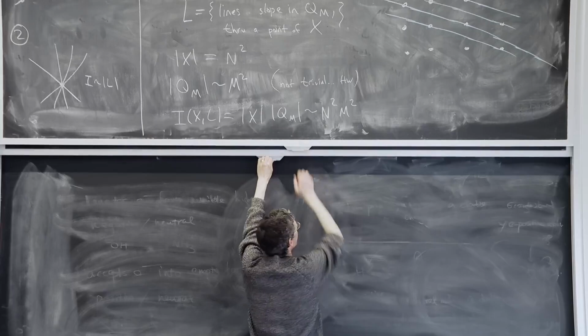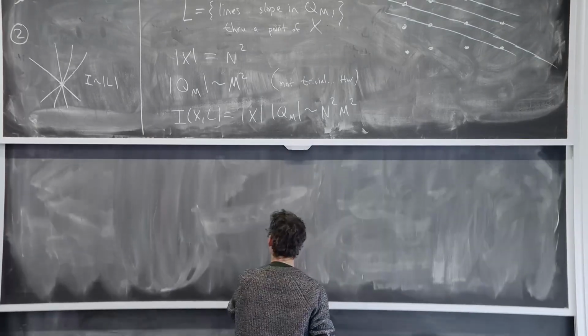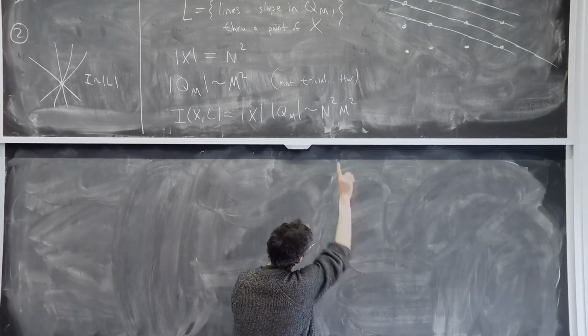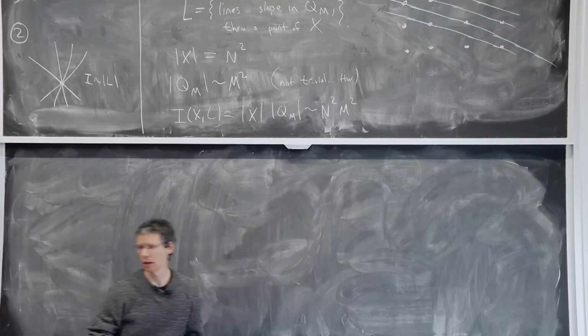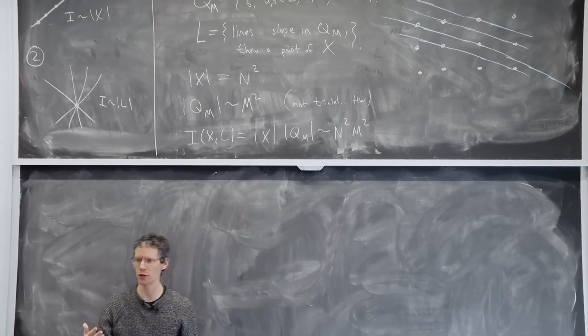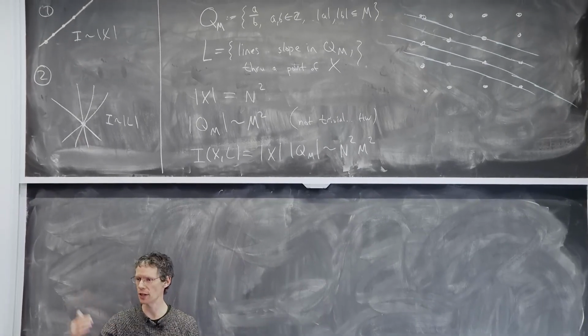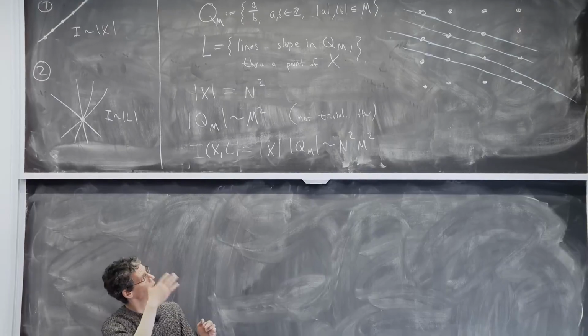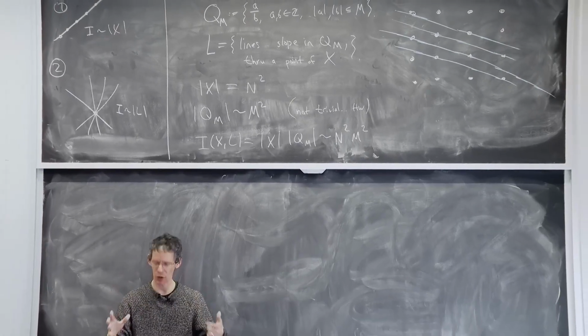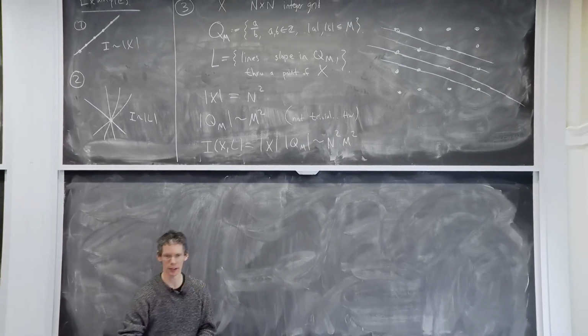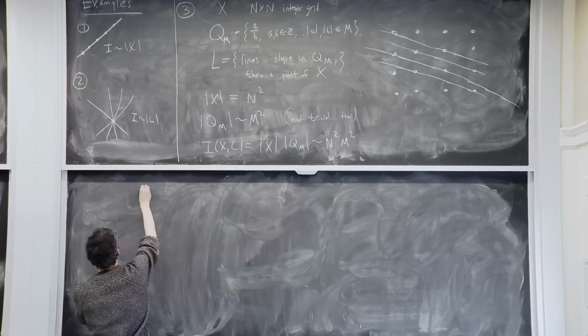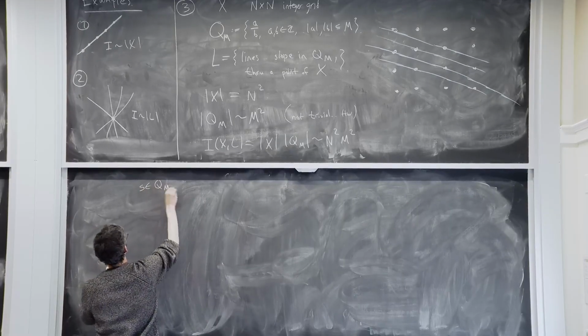OK. Now, how many different lines do we have? Well, we have m squared directions, so we have to think about how many lines are in each direction. And actually, thinking about the number of lines in each direction, you can think of it in terms of projection theory. So suppose s is one of our directions.